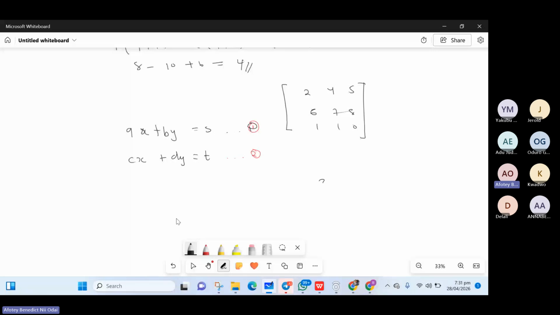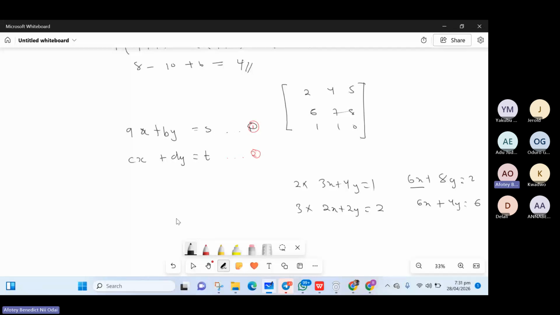If you have 3x plus 4y is equal to 1 and 2x plus 2y is equal to 2, basically multiply the first equation by 2 and multiply the second equation by 3. By doing so, you get 6x plus 8y is equal to 2, and 6x plus 6y is equal to 6.